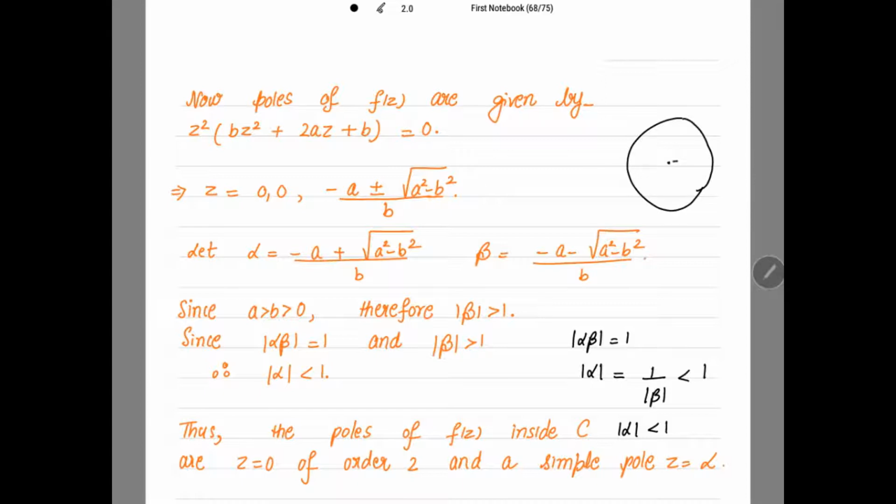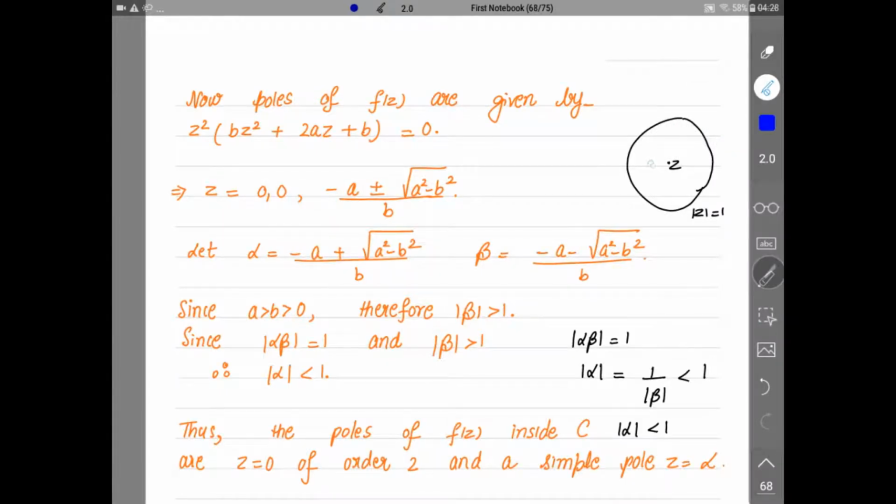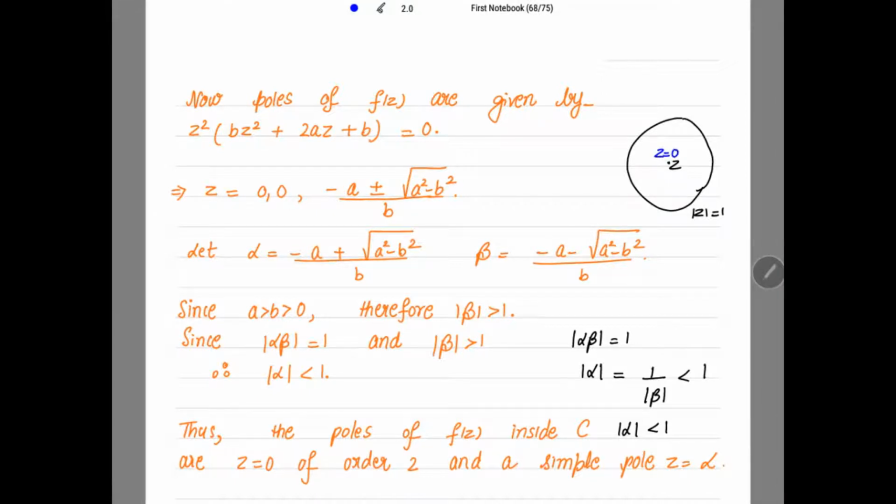This is the circle mod z is equal to 1, and of course 0 should lie inside the circle, so this 0 pole is inside the circle and is of order 2.